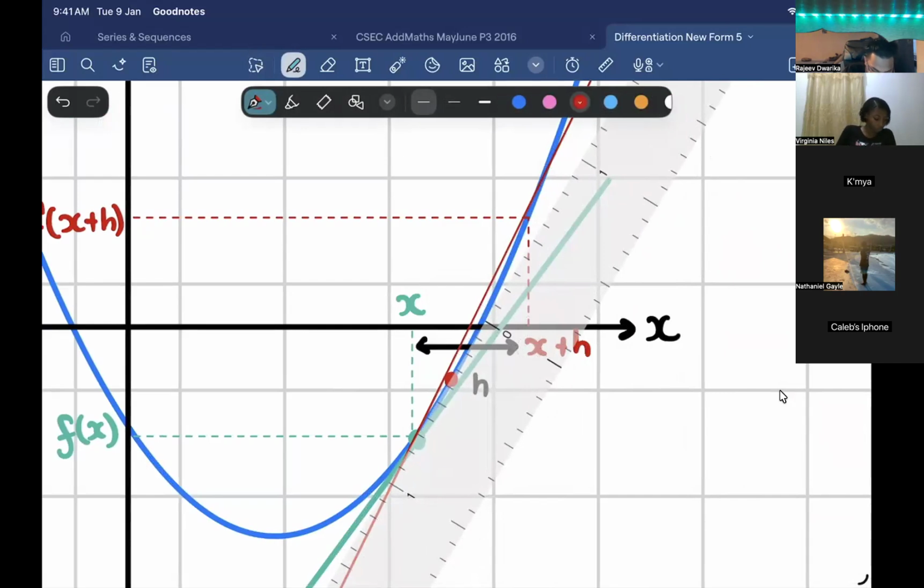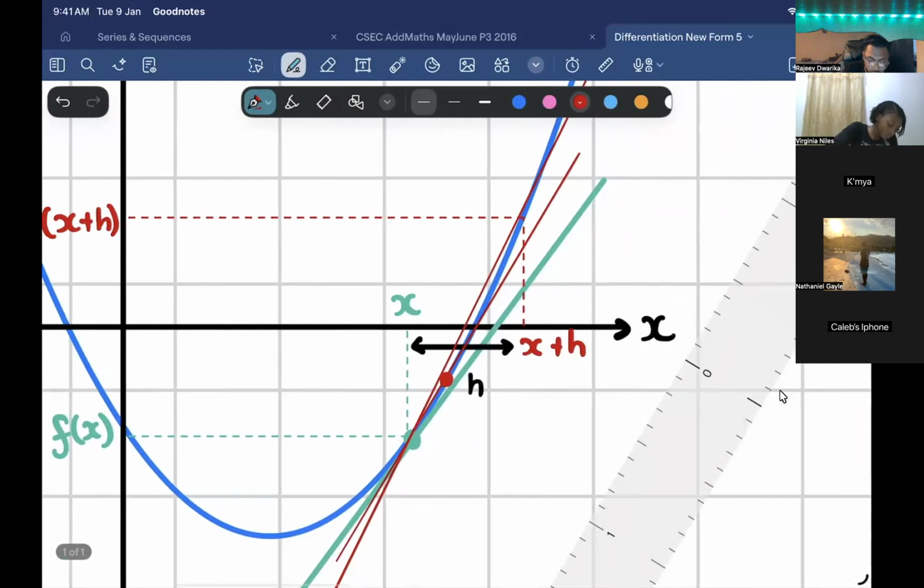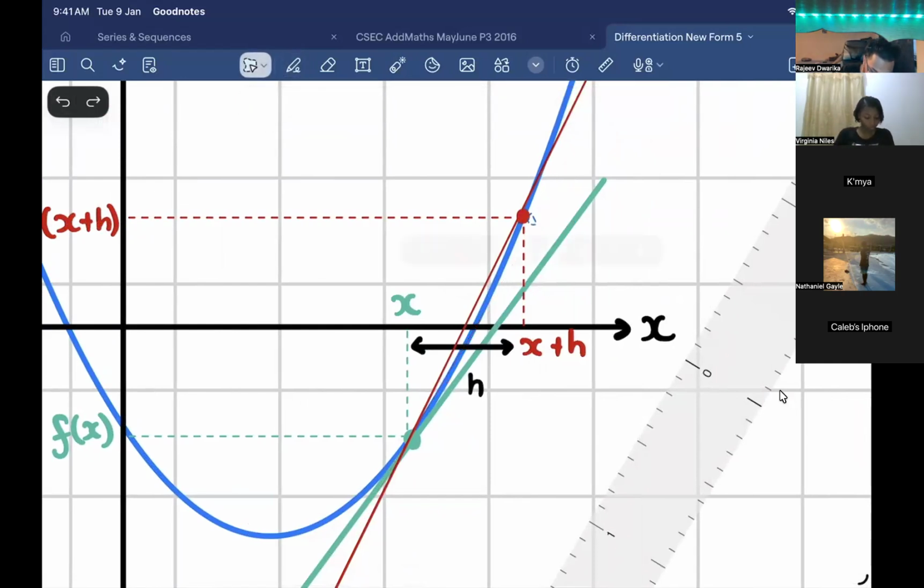Is it getting closer to the actual gradient or less close? Closer. Okay, let's close in our distance even more.